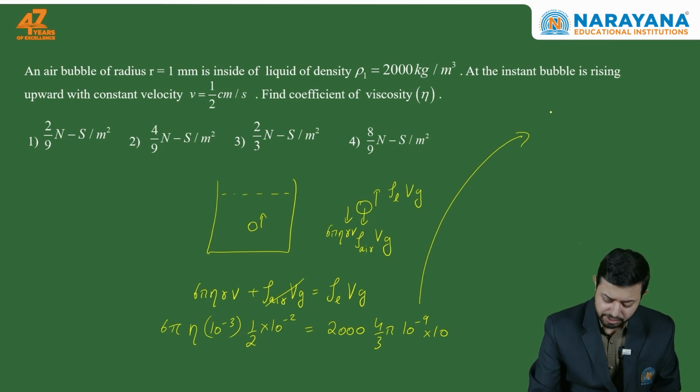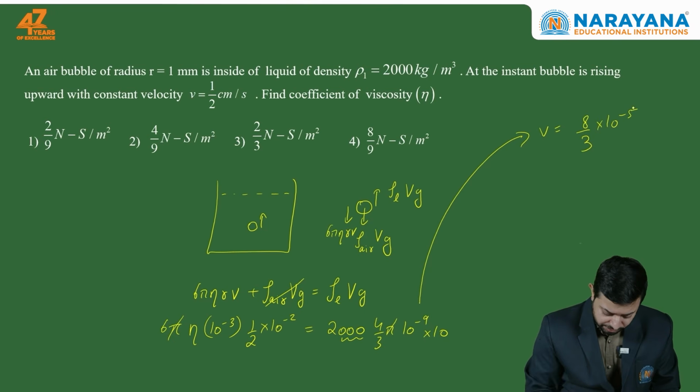The calculation gives me eta from here. With some calculation, pi and pi cancel, and then we have 2, and that's it. I think we should go forward with the calculation. So 2 times 4 is 8, 8 by 3 on the right side, and the power of 10 is 3 minus 9 and 4, so 10 to the power minus 5.